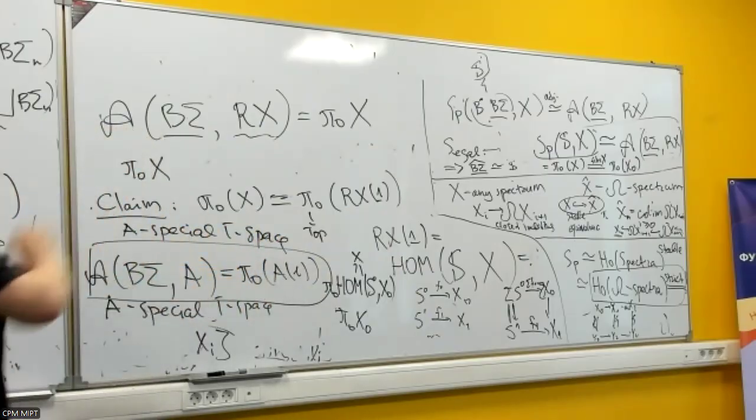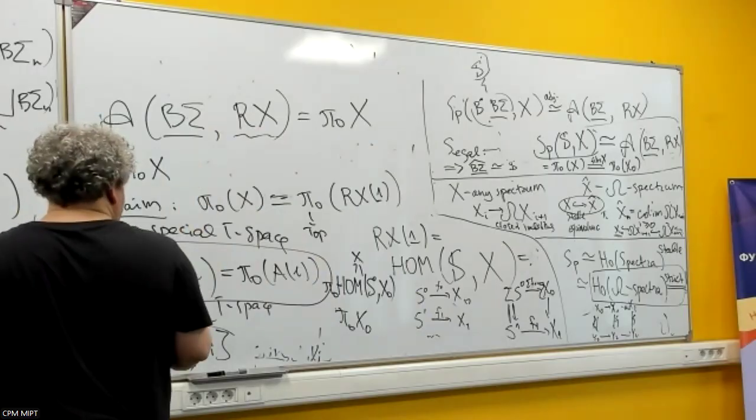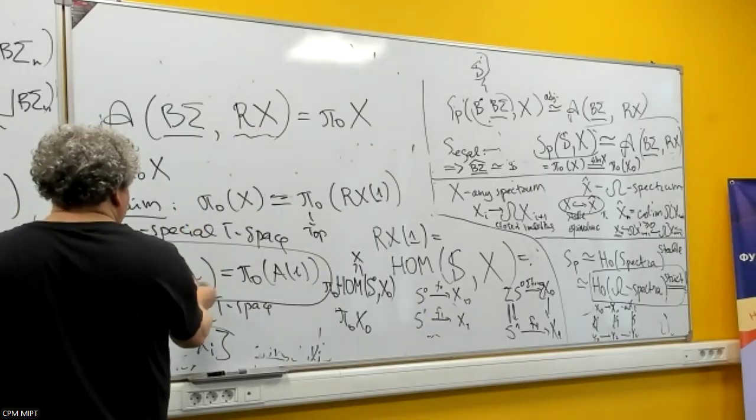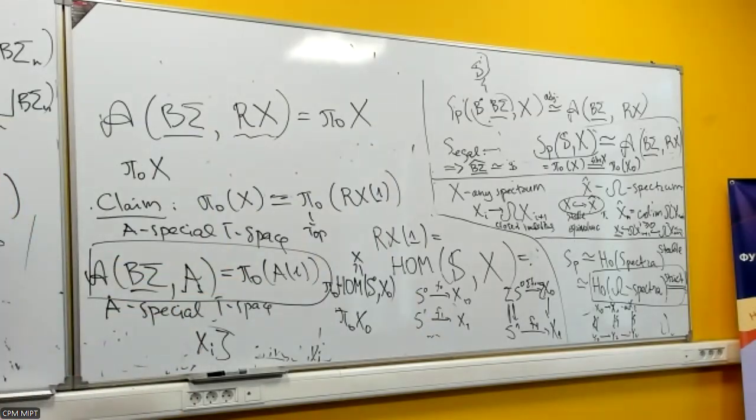So then I'm completely inside the gamma spaces. I have nothing to do with spectra. So for any special gamma space A, I have to prove this identity.